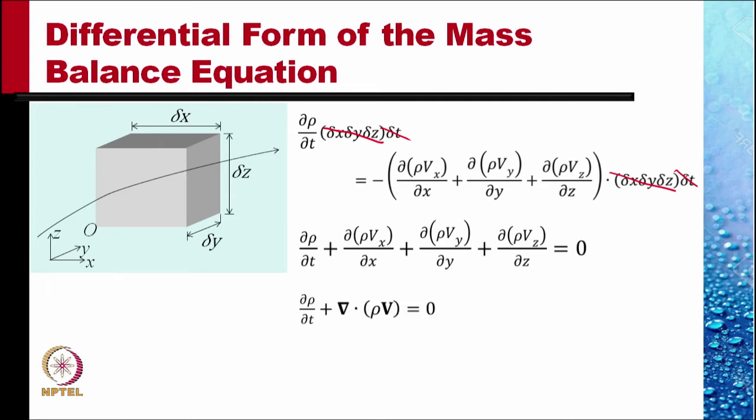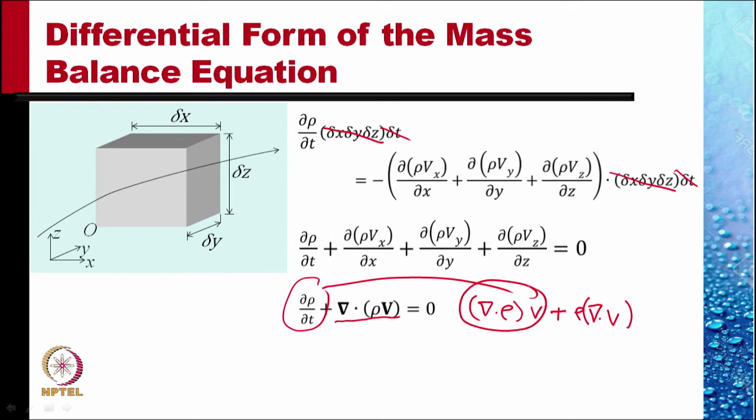In vector form, we can write this as del rho by del t plus del dot rho V. This can be expanded into V dot del rho plus rho del dot V. But this term and this term, what are they?